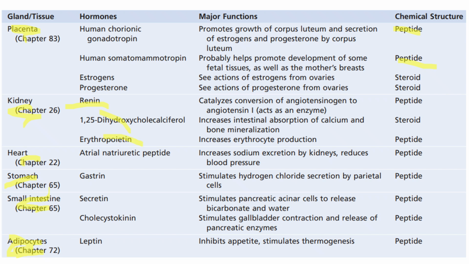The gastrointestinal hormones are gastrin, secretin, and cholecystokinin. They are responsible for fine-tuned digestion. Then leptin, a key adipokine, links fat storage to central appetite regulation and energy expenditure.